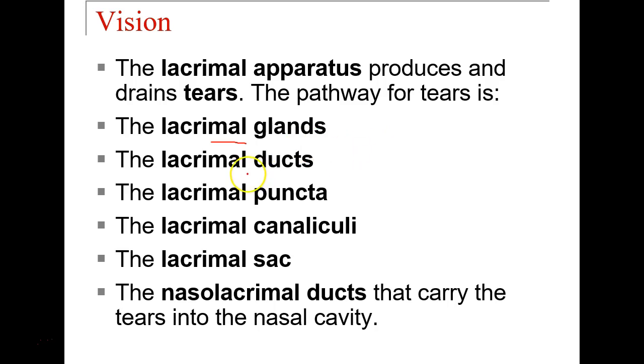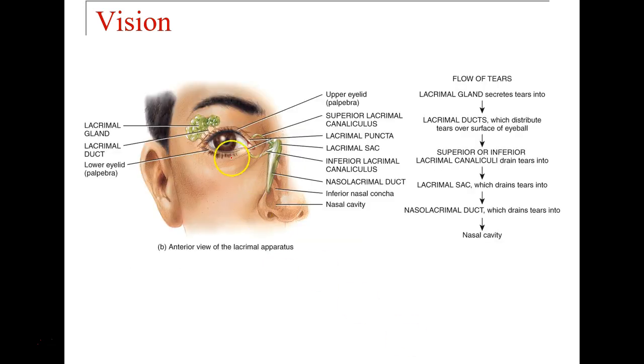Then they enter ducts, move across the eye to the medial area, enter the puncta into the canaliculi, which will enter a lacrimal sac, and then into the nasolacrimal ducts, moving into the nasal cavity. So seen here, tears are produced here, and to be able to wash across the entire eye, we need to drain on the opposite side in the medial area.